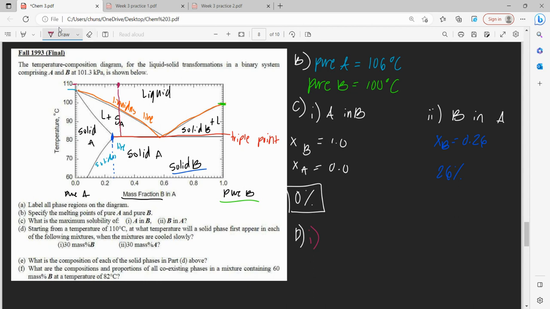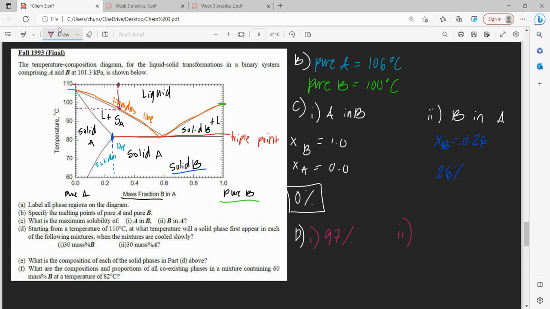And we want to go until we get our first appearance of solid. And because of this envelope here, because it has both liquid and solid present, we would measure where this point intersects with our y-axis when we read across. And that's about 97 degrees.